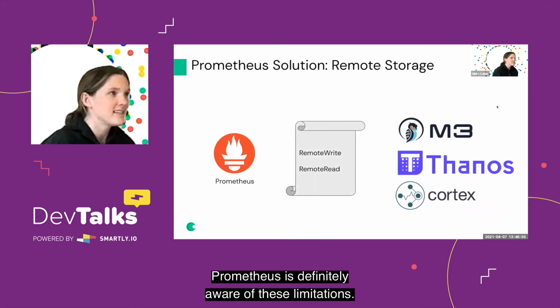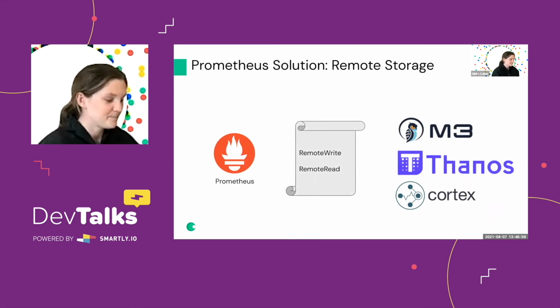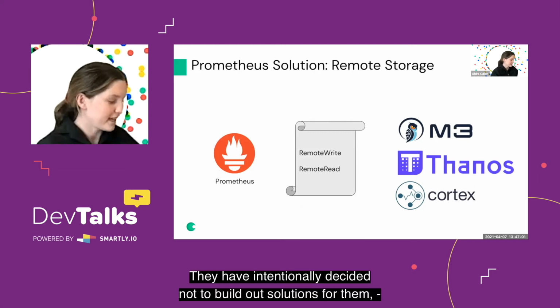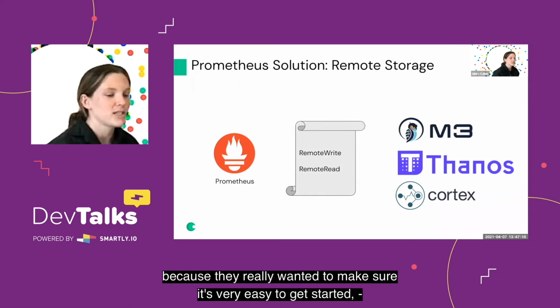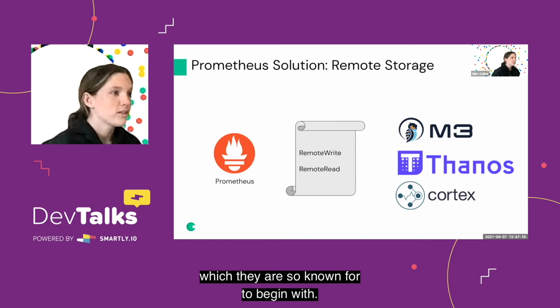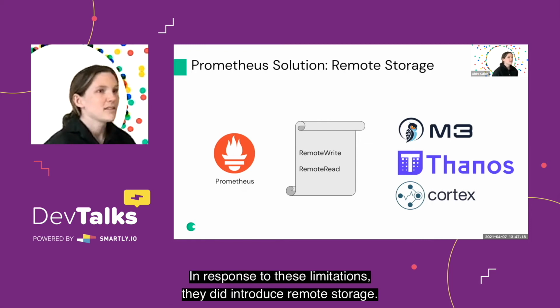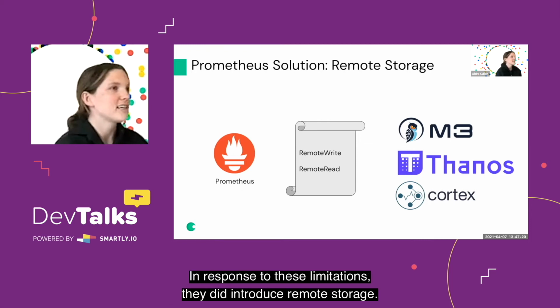So Prometheus is definitely very aware of these limitations, and they have intentionally decided not to build out solutions for them, because they really wanted to make sure that they remain a very easy to get started solution, which they're so known for to begin with. In response to these limitations, they did introduce a concept called remote storage.